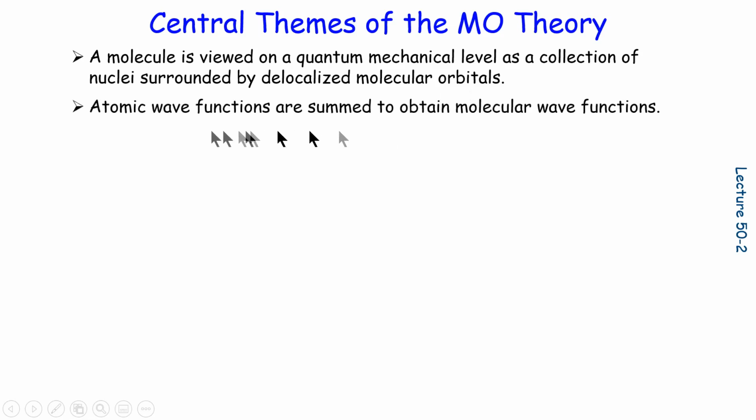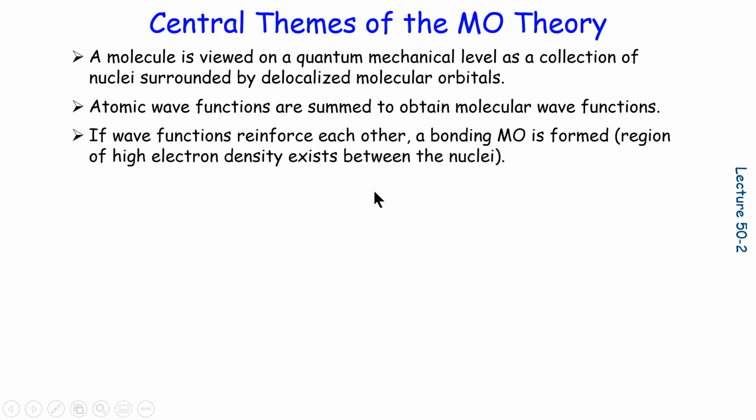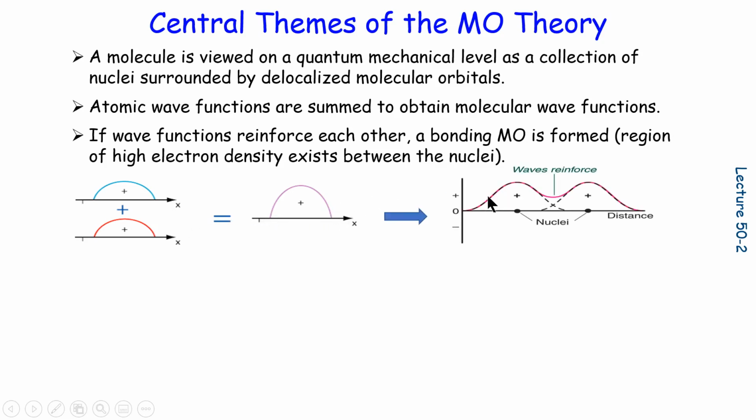Now let's take a look at the atomic wave function as well as molecular wave functions. If we have two atomic wave functions, and they reinforce each other, then a bonding molecular orbital is formed.